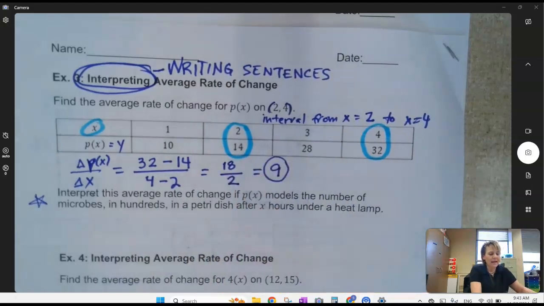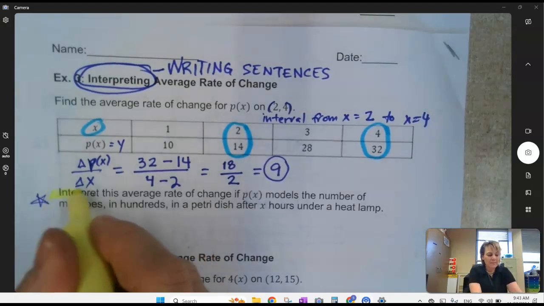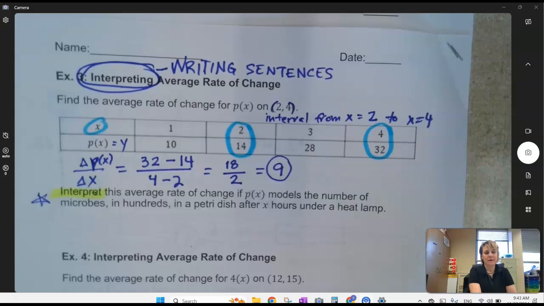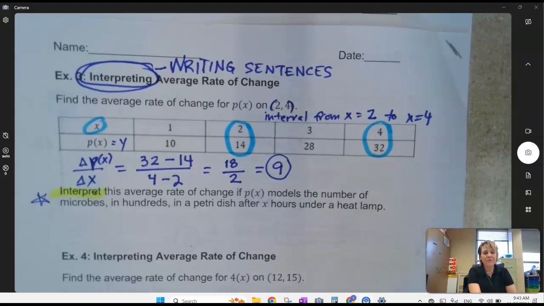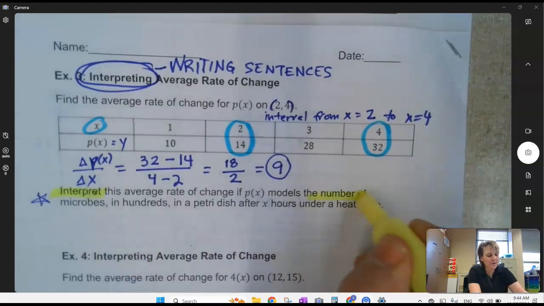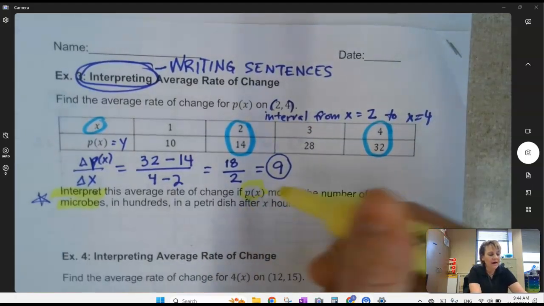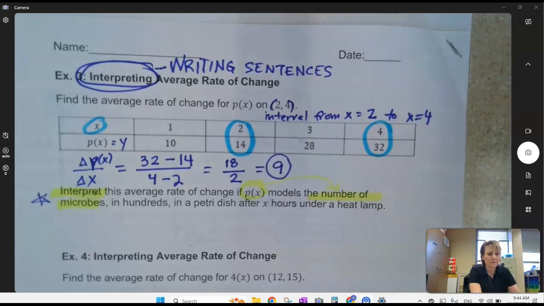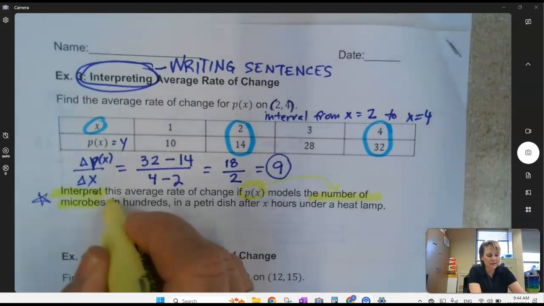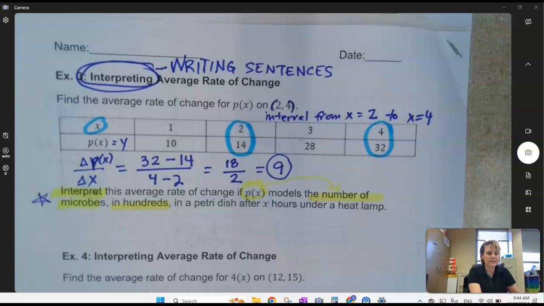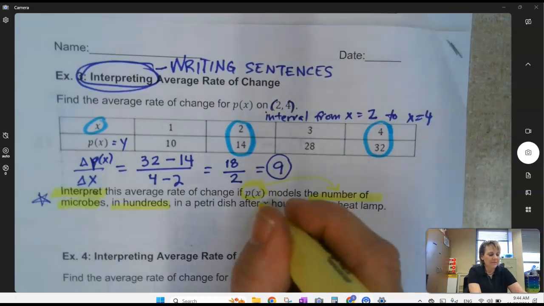Now they're going to say, interpret this. In other words, describe, what does this mean? Write a sentence. This average rate of change of p of x models the number of microbes. p of x is the number of microbes in hundreds, so they're telling you the units, in a petri dish after x hours.